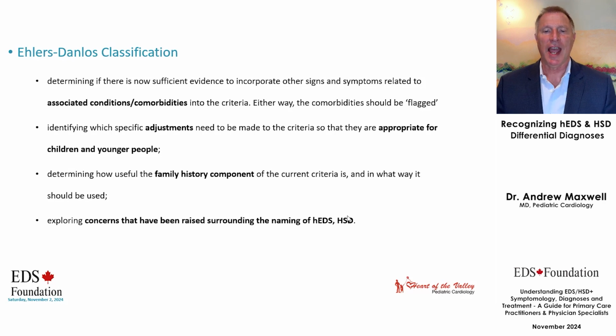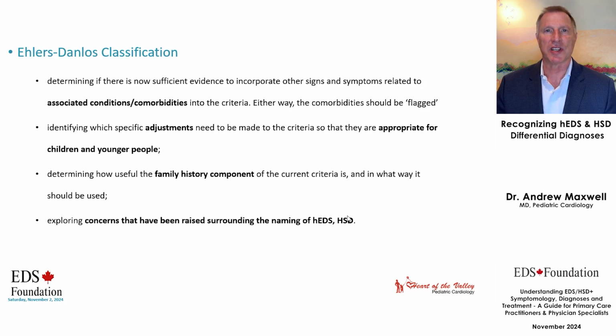We also need to determine how useful the family history component is and how it should be used. Right now, it's one of the 3 features of criterion 2, such that many patients are simply waiting to be called hypermobile Ehlers-Danlos for the moment family members meet that criteria. So one moment they aren't diagnosed with hypermobile Ehlers-Danlos, then a family member announces they are, and suddenly that young patient is given the diagnosis of hypermobile Ehlers-Danlos simply because another family member was found to have it.